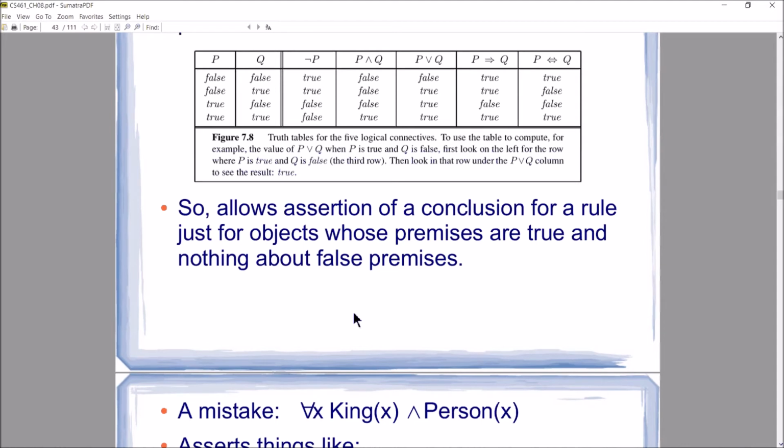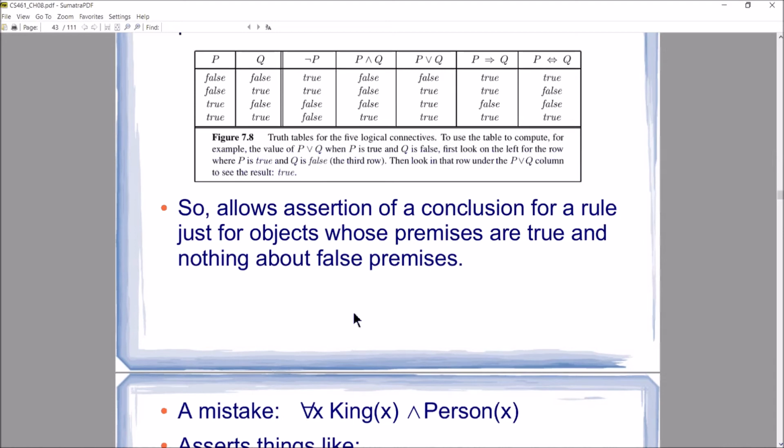Basically what that allows us to do is make an assertion for a conclusion for a rule just for objects where the premises are true. And we don't have to care about any of the other situations where the premises are false, because all we're trying to say is for all objects that are kings, they are a person, right?